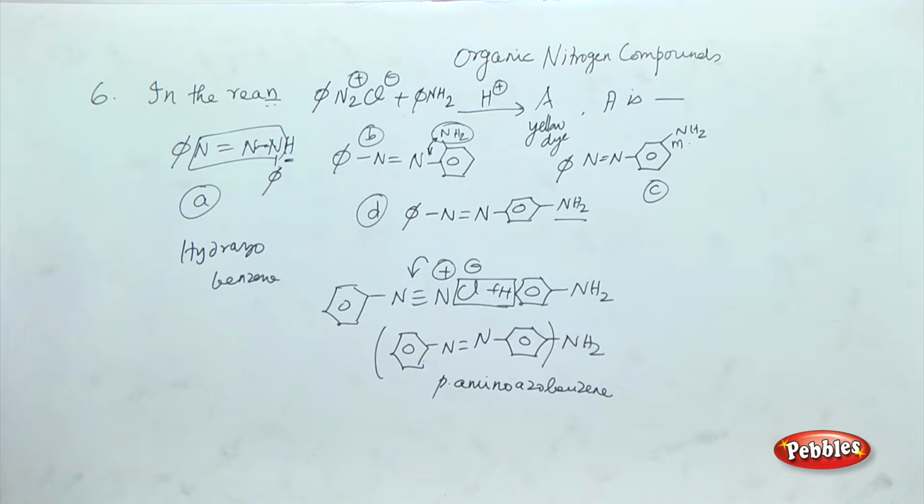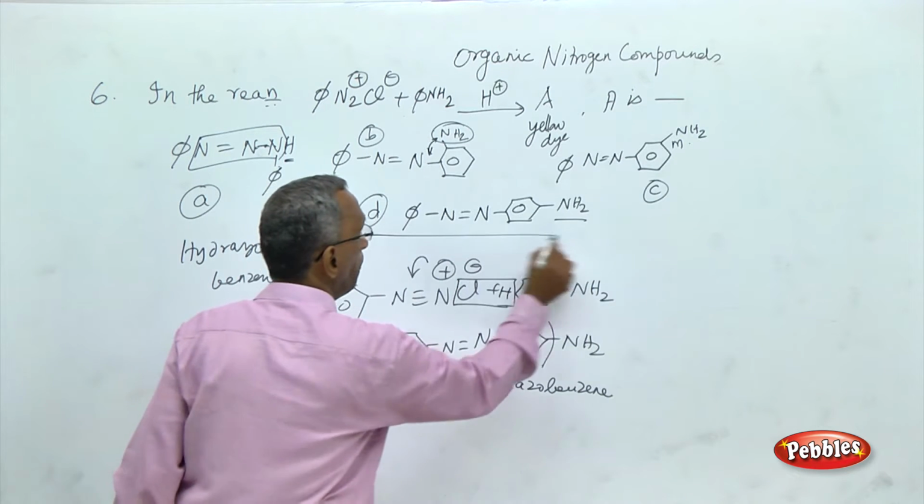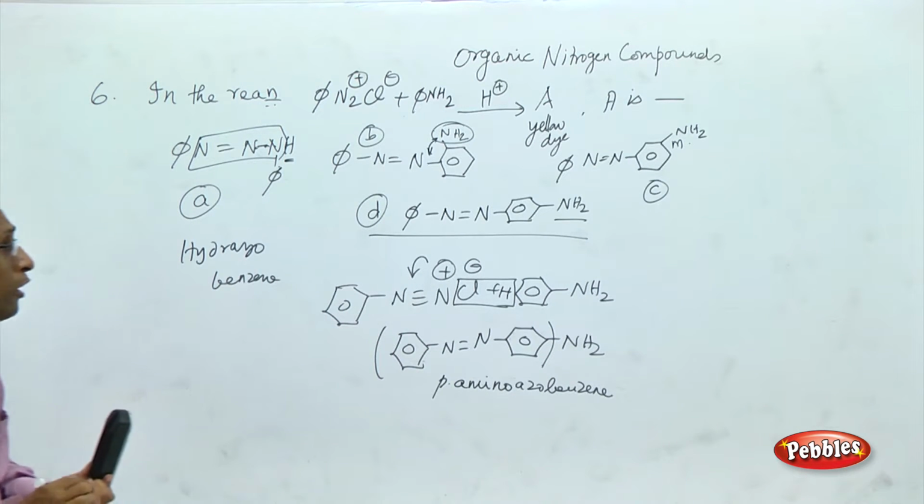To repeat the question and answer, in the coupling reaction between benzene diazonium chloride and aniline in the presence of acid, the yellow colored dye A formed is para-aminoazobenzene, which is the fourth choice, the correct choice for this question. This finishes the current question and its answer.